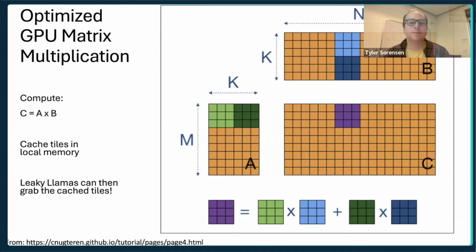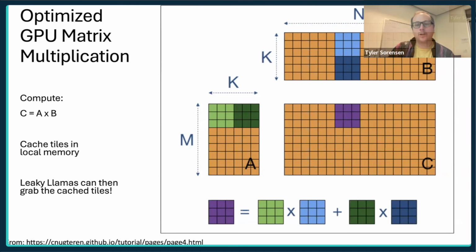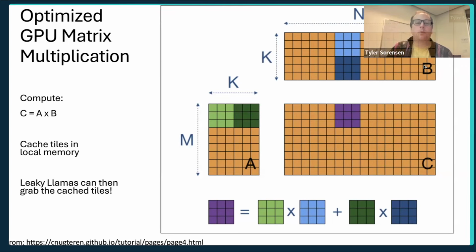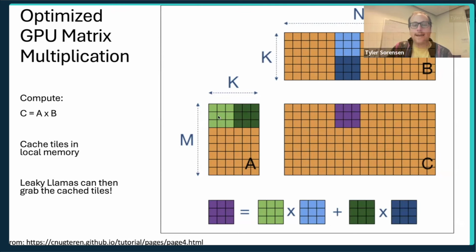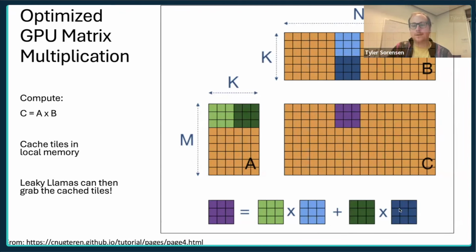It actually works on the CPU as well. If you want to multiply some big matrices together, like A times B, you can decompose it into smaller problems. If you want to compute this purple region of C, your output, you can say C equals this light green times light blue plus dark green times dark blue.